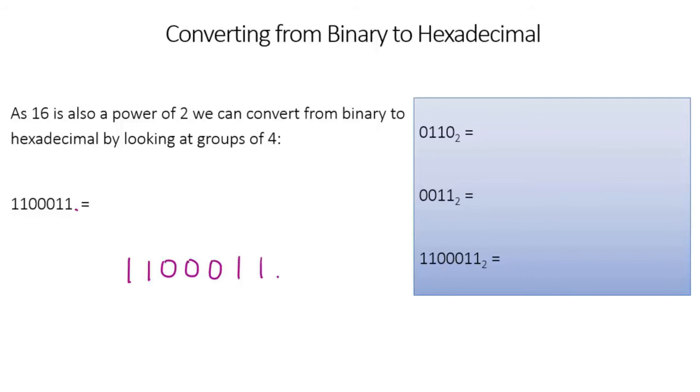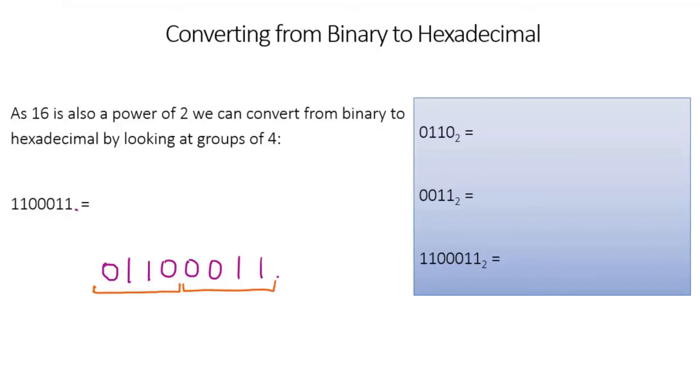Because I'm now translating to hexadecimal, I'm going to create groups of 4 rather than groups of 3. So starting at the radix point and moving to the left, this gives me 2 groups of 4. That second group of 4 was incomplete, so I'm going to pad the number with zeros. Again, adding zeros on the left does not change the value of the number, it just situates each digit in its appropriate place value.